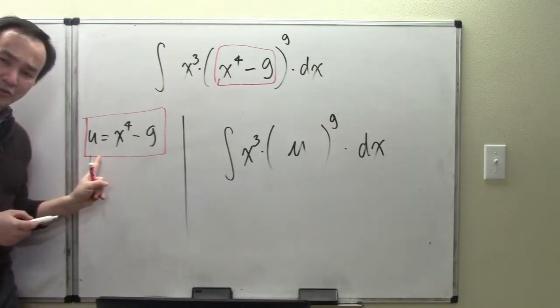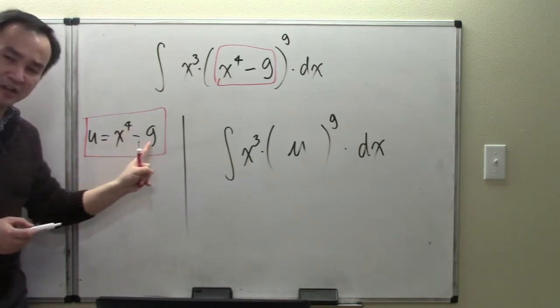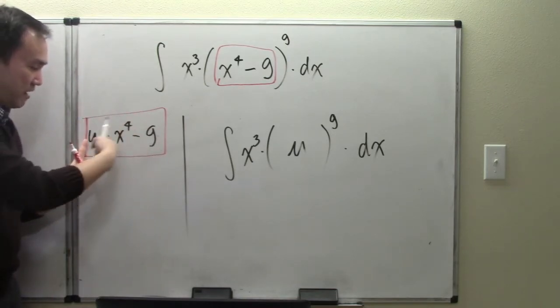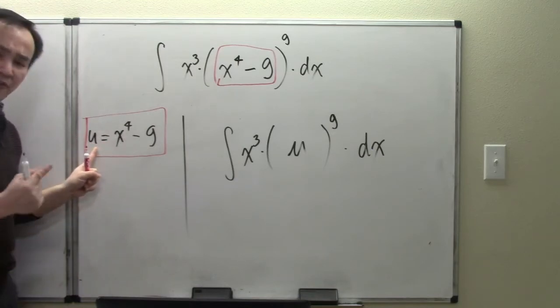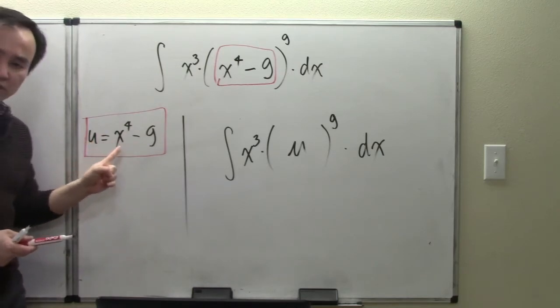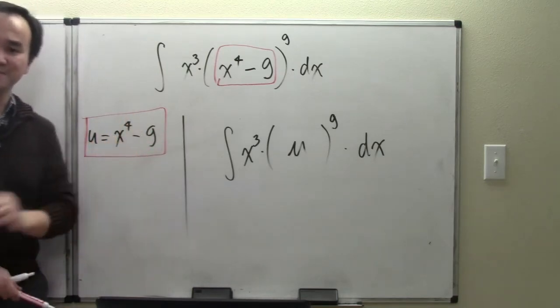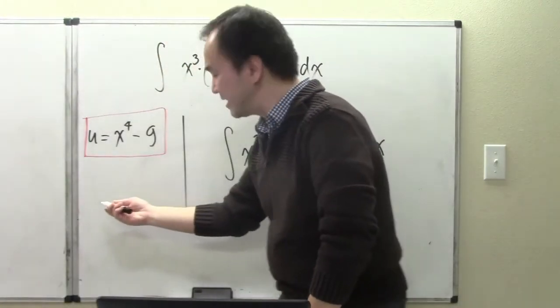If u is chosen to substitute for x to the fourth minus 9, so in the way how the two variables now are related, x with u, then u is a function of x. In the way how it's written, one variable u equals the entire expression of x. Okay? And so in that way, this is how I see it.